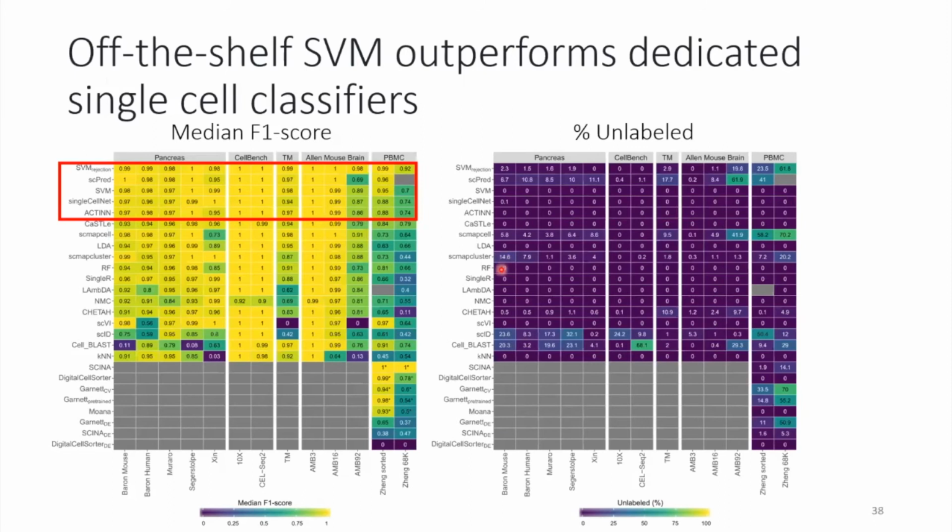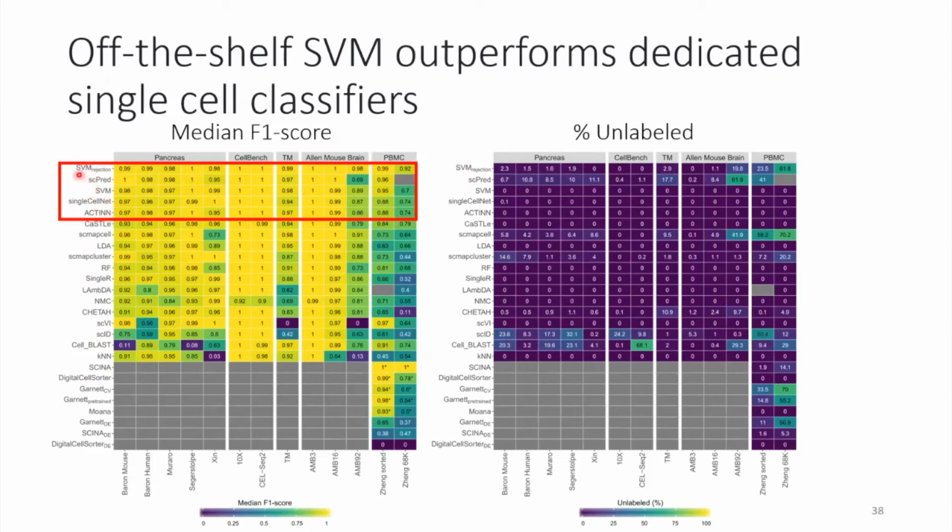What I haven't said is that we ranked the classifiers over here based on their performance across all these data sets, right? And what you see here is that at the very top, the first 3 classifiers are SVM classifiers, and that's why I also tried to explain that a little bit. So SVM seems to be doing quite well here.